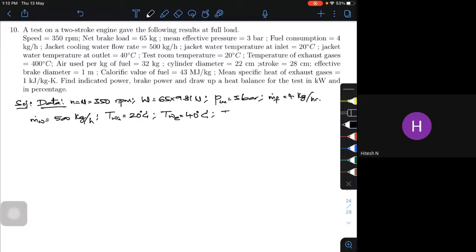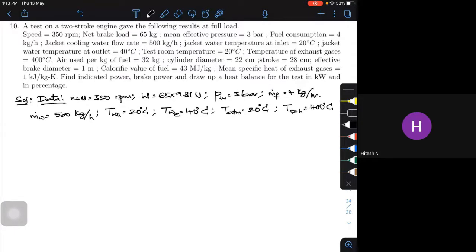T atmospheric, or T1, where the air is entering, is 20 degrees Celsius, and T exhaust is 400 degrees Celsius.